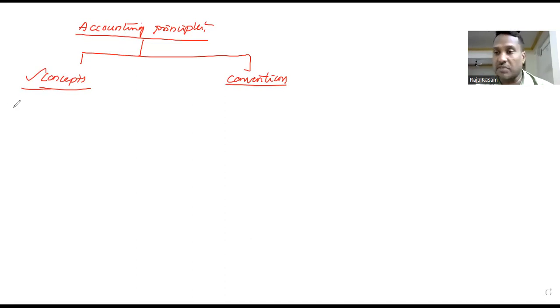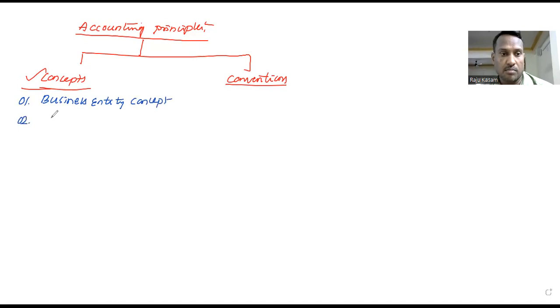Actually, the concepts are divided into nearly 9 types, which are used to record business transactions in the accountancy books. Those concepts are: first, business entity concept.